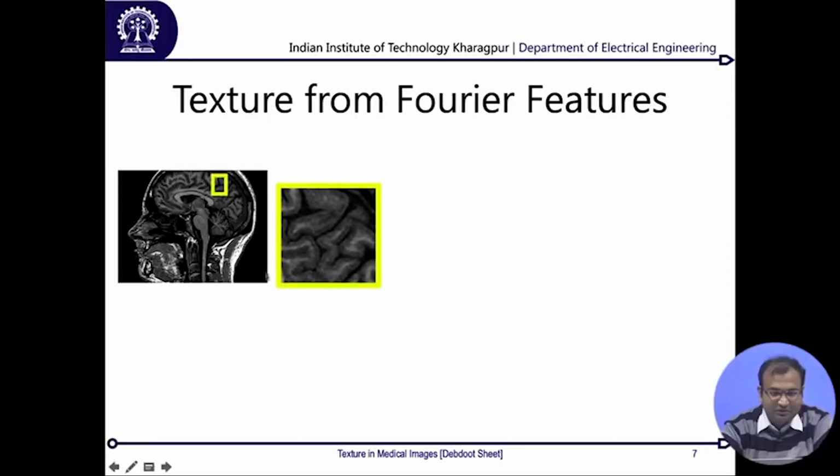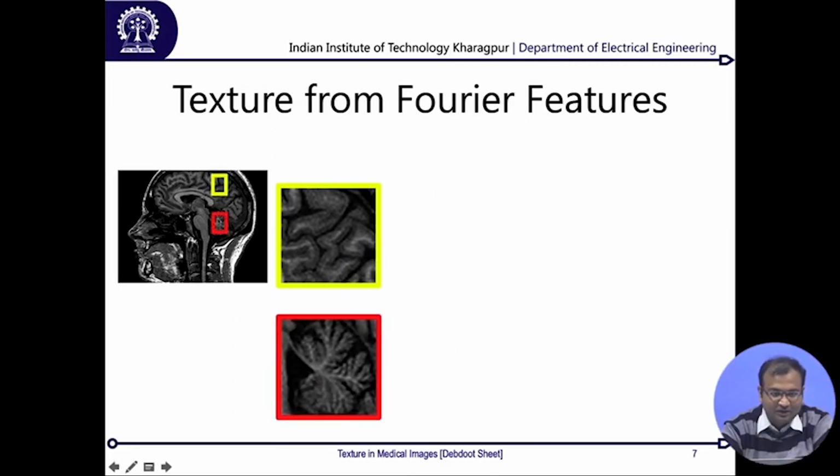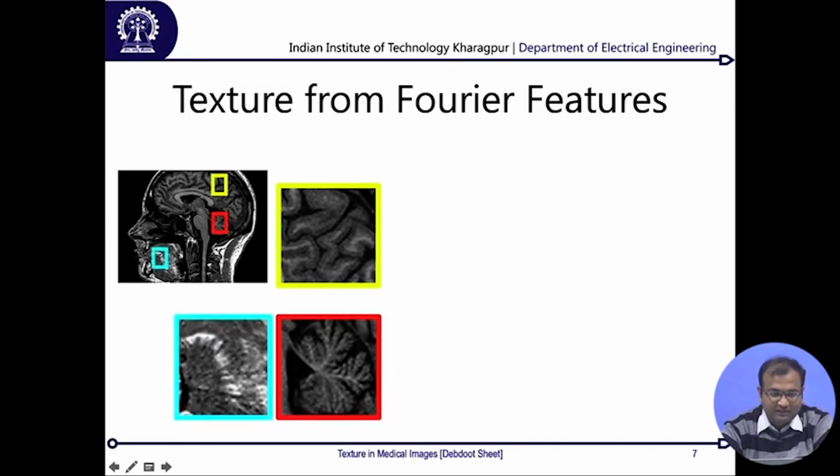Now let's take a sample. Let's take a part of the brain which has this kind of appearance. Let's take another sample from a part just outside the brain, which is one of the glands, and look into that. And let's take a part of the cavity within our mouth, the oral cavity, and look into each of them. If you look at the frequencies, the amount of folds and the ways are quite distinctly different.